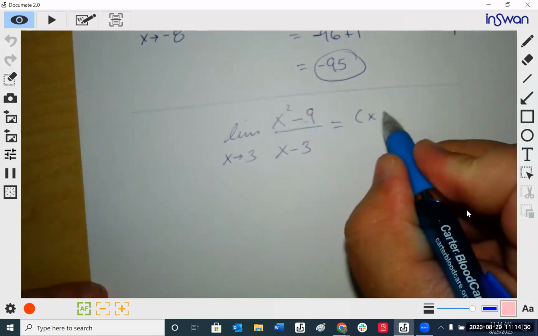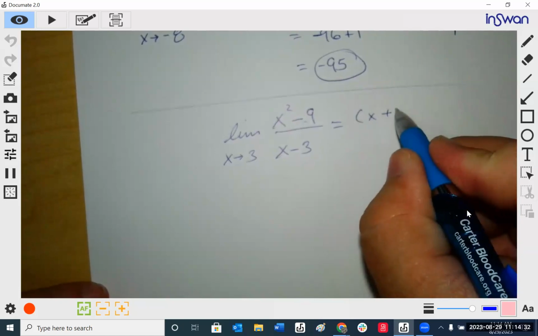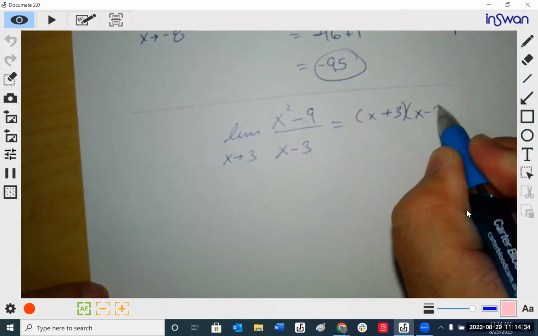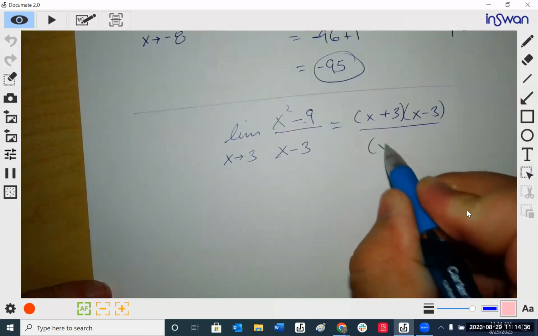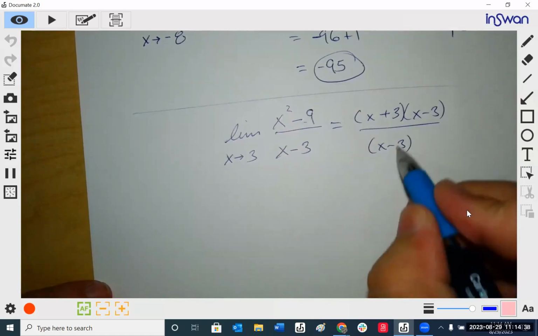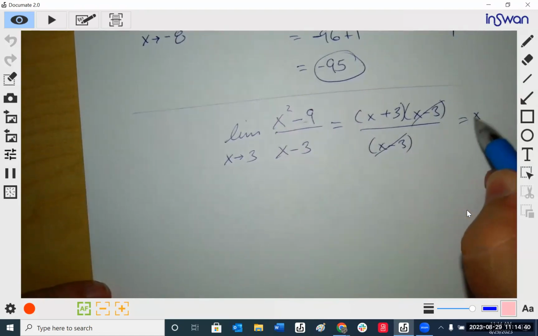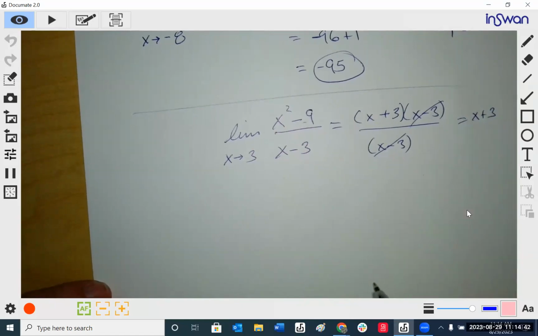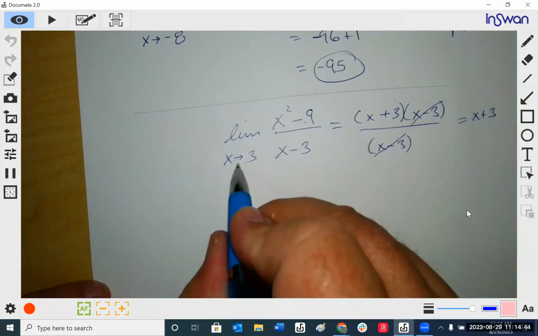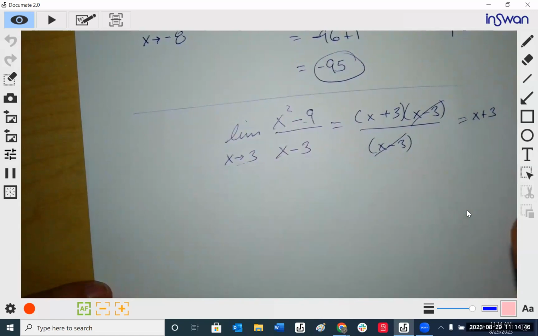The top part is the difference of two squares, and we can cancel those. So our real function is that. When we plug in our value as x approaches 3, we get 3 plus 3, we get 6.